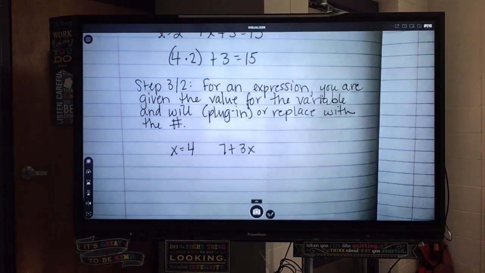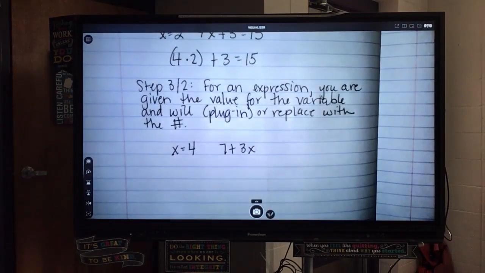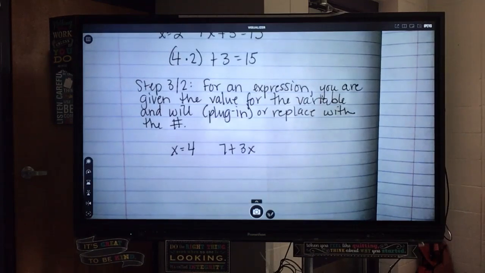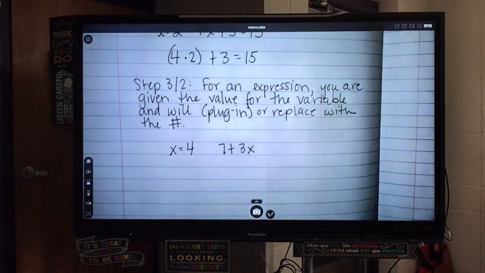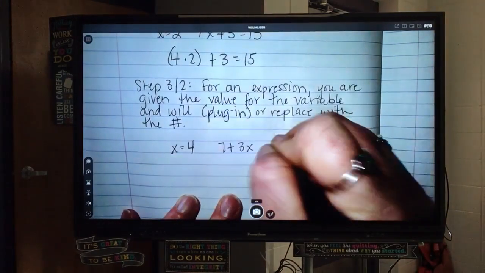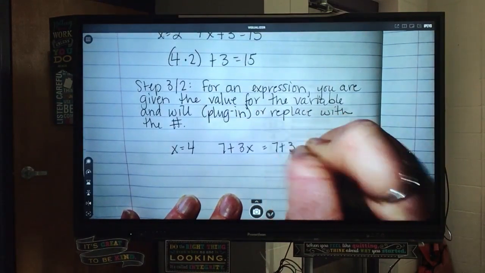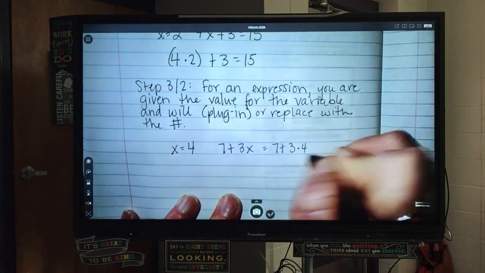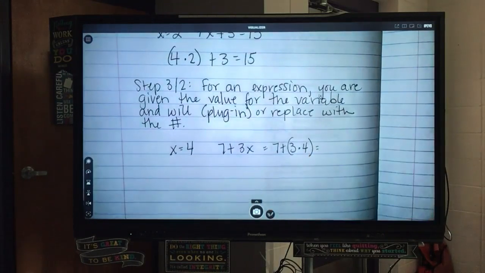Alright, 7 plus 3x. So first of all, what's different between this one and this one? This one's an expression. Right, so technically, we don't know what it equals. So we have to plug in this unknown number that we now know the value of and see what it equals. So here, you would plug it in, and you would get 7 plus 3 times 4 equals what?